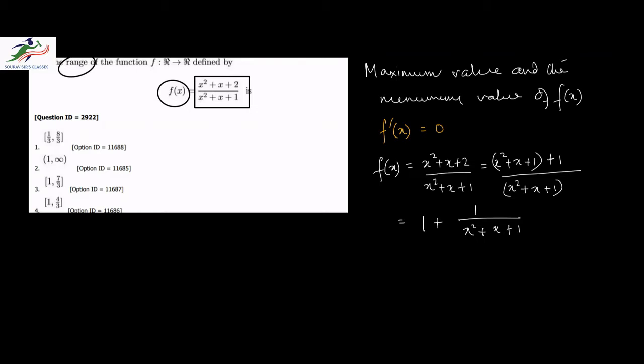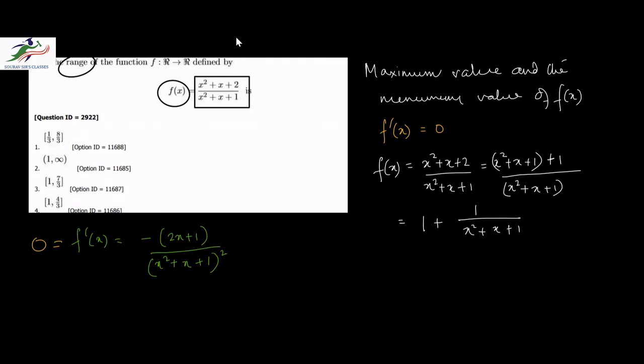Now, if we take the first differential of this function, f'(x) will be equal to minus of (2x + 1) over (x² + x + 1) whole square. And in order to have the maxima or minimum of the function, f'(x) should be equal to 0.